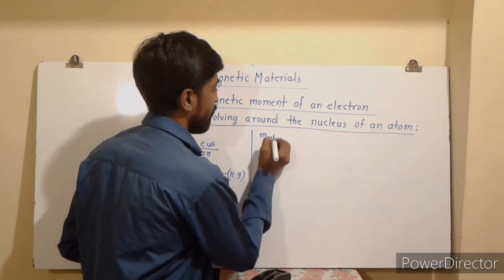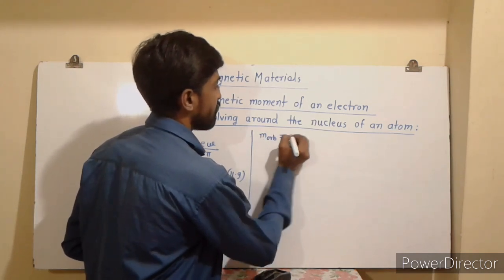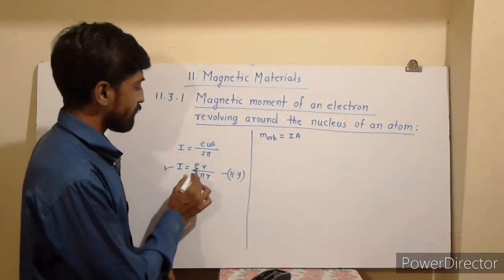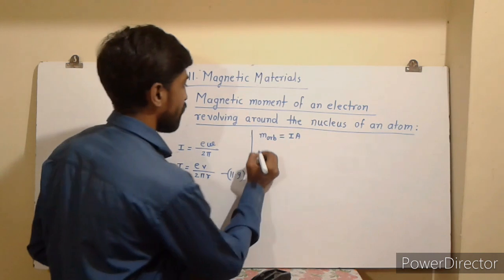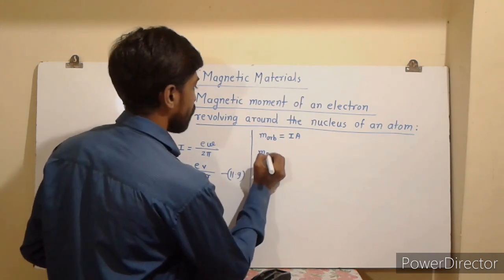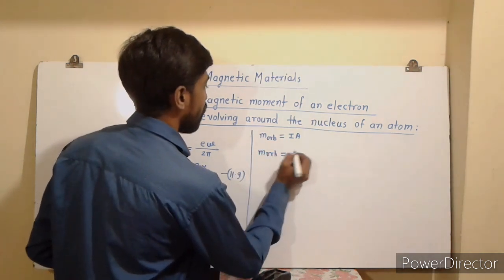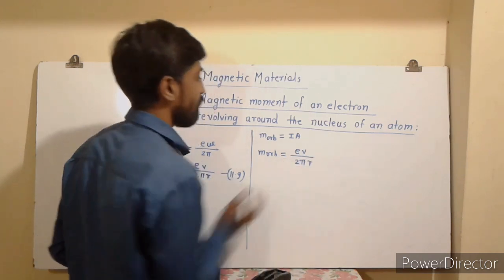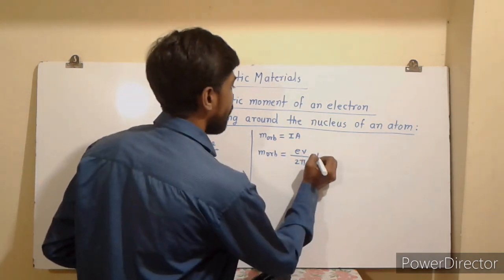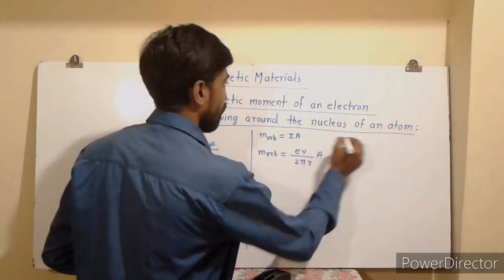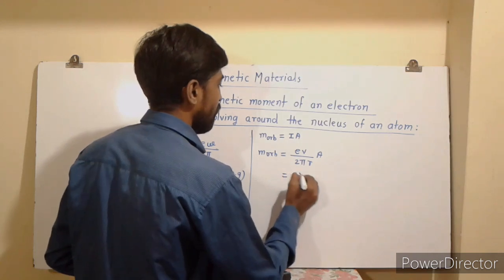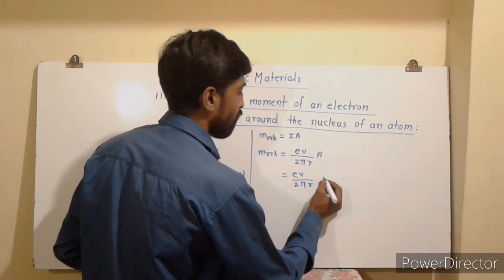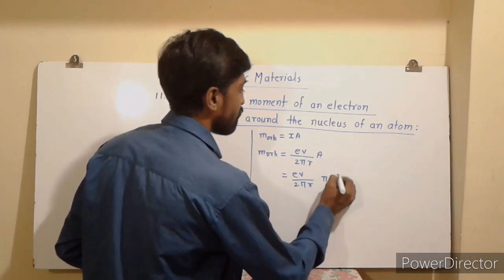So the orbital magnetic moment associated with the loop is m orbital, which is equal to I into A, and we know that the formula for I is ev divided by 2 pi r. So therefore m orbital is equal to ev divided by 2 pi r times the area, and the formula for the area is pi r square.